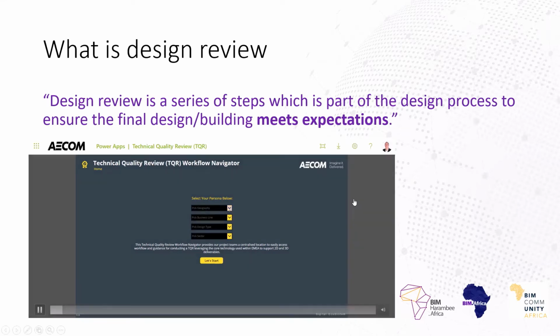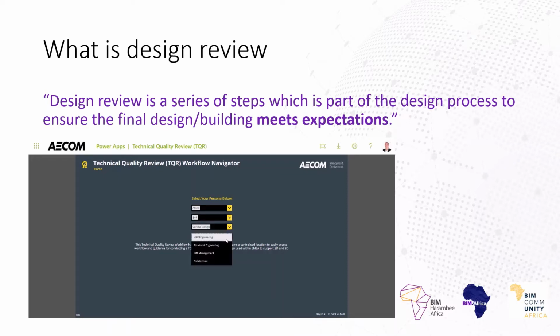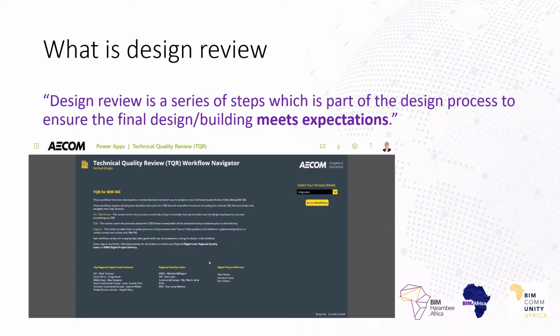At AECOM, we've put together what we refer to as a technical quality review process. We're obviously a large company, so we have to have quite rigid processes in the way that we do reviews and verifications and approvals and that sort of thing.